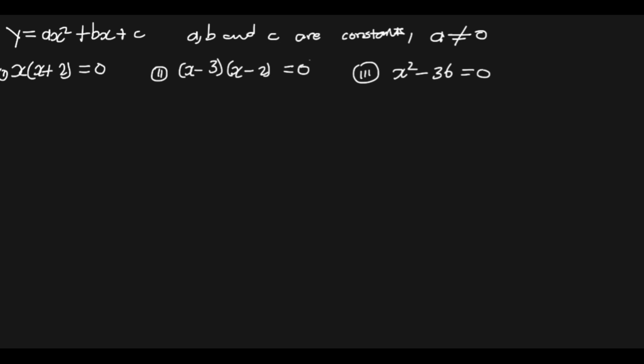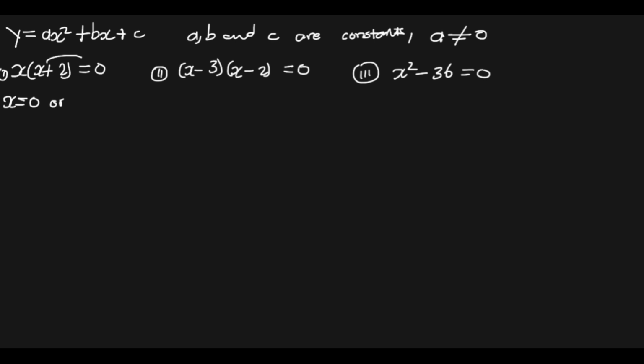Okay, now here we have the first part. We can see that the first part is already factorized. So the first step in a question like this one is to equate the variable outside the bracket, which is our x, to 0.